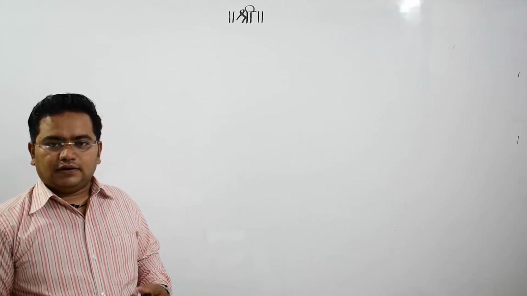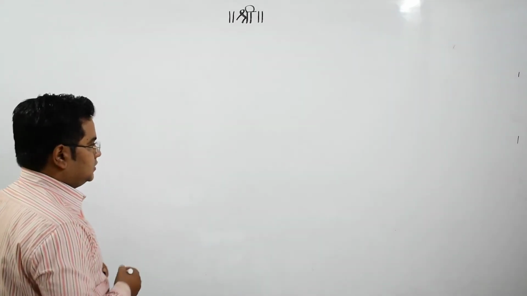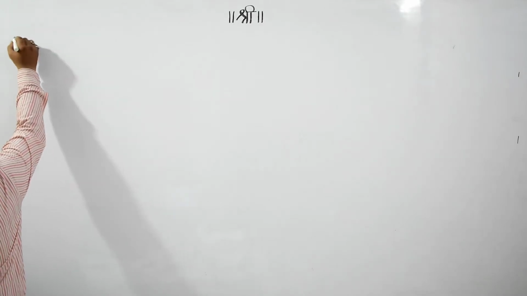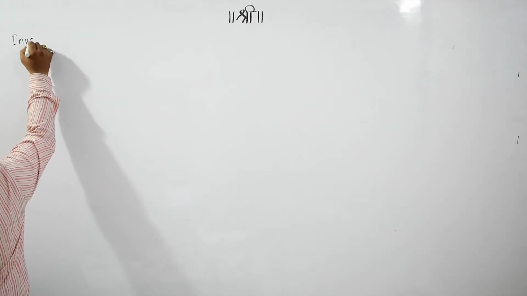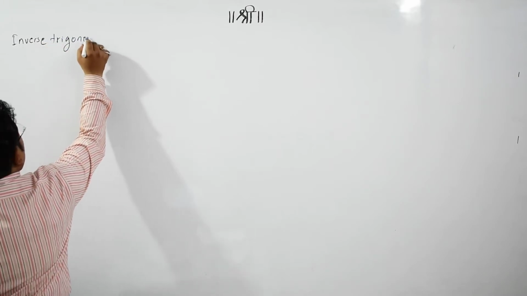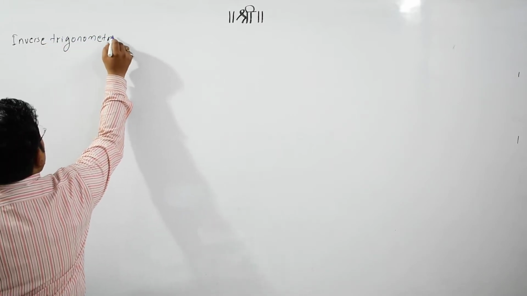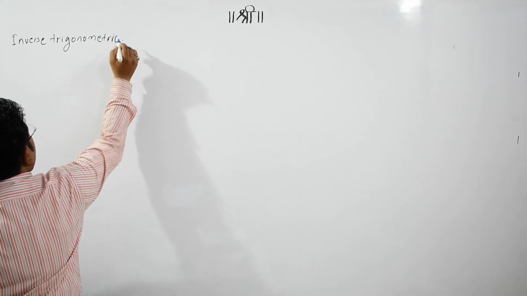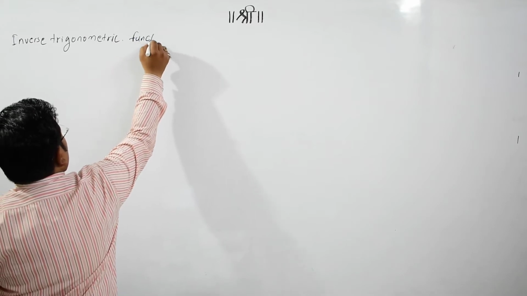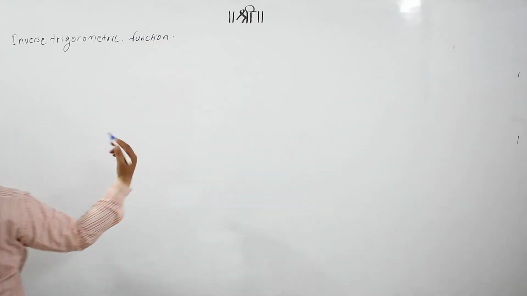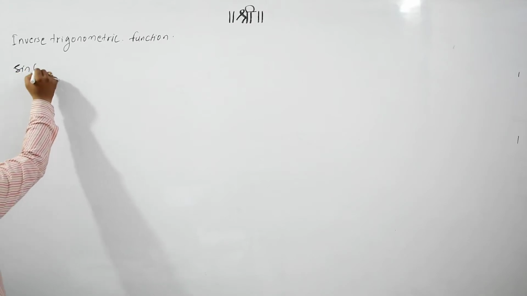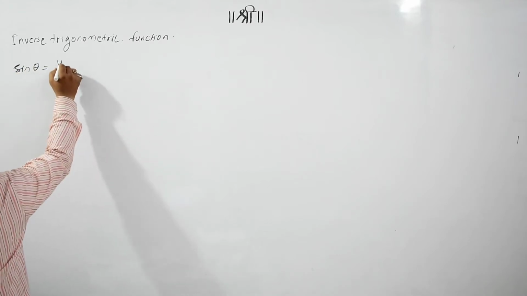Now we will find the inverse differential equation of this equation. So when you are finding the inverse trigonometric function and then differentiation, most importantly, sin theta I was writing like this, y.